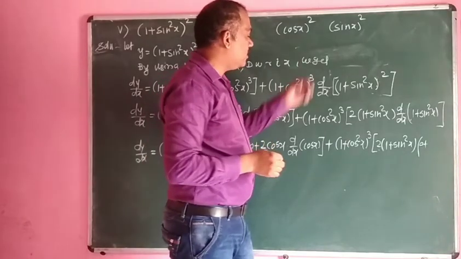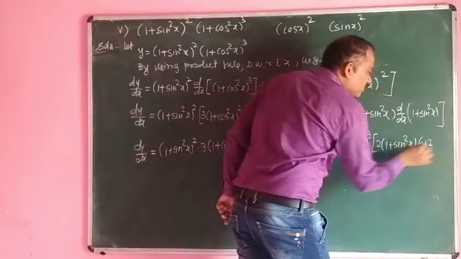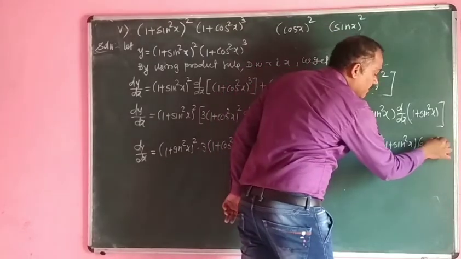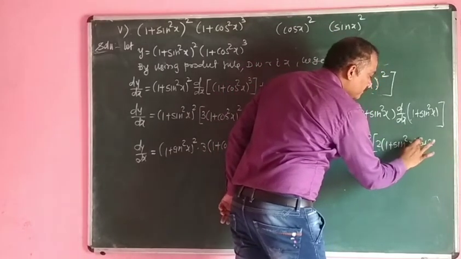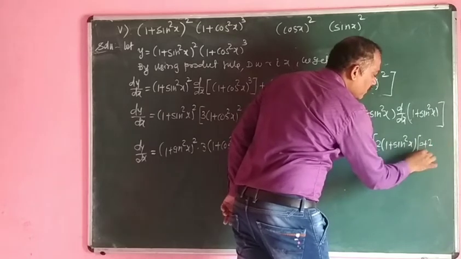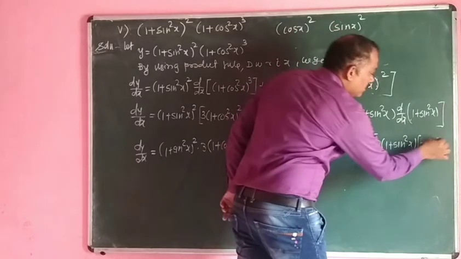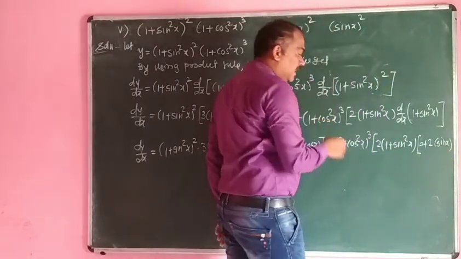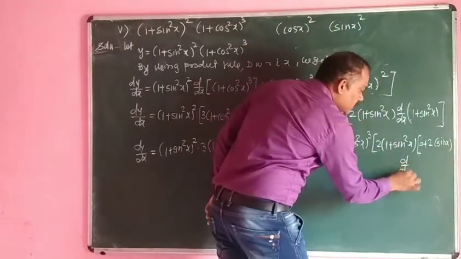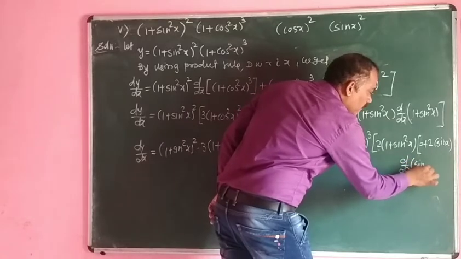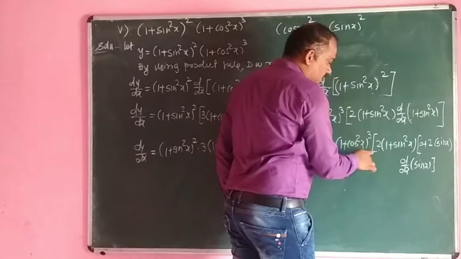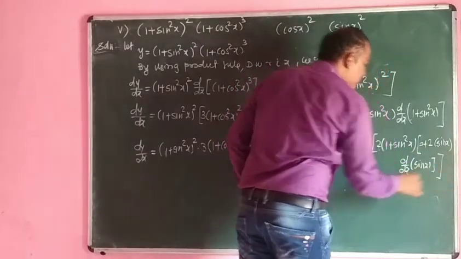Keep the power as it is, 2, and minus 1 from this power, that is 2 times sin x. Now we have to take the derivative of this sin x, that is d/dx of sin x. This bracket is open here, now we have to close here.